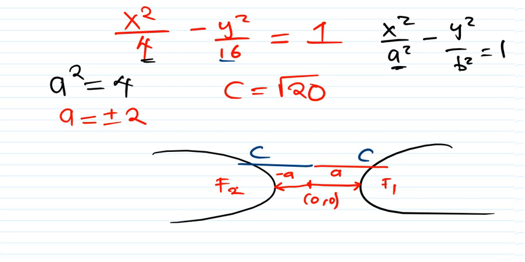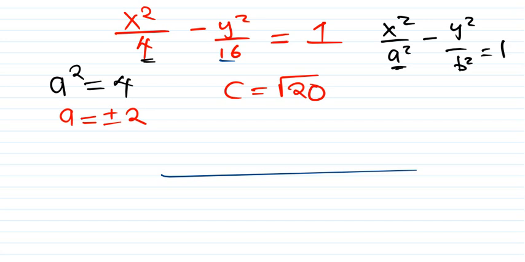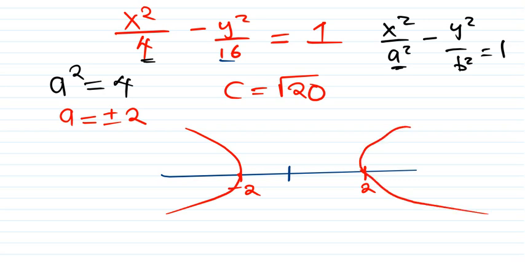Okay, so to give the coordinates for the vertices, which is the shorter distance along the x-axis, so understand along the x-axis the y-coordinate is 0. So the shorter distance, which is a, is -2 and 2. So those are the coordinates for the vertices, the point where we're going to have the hyperbola like that.